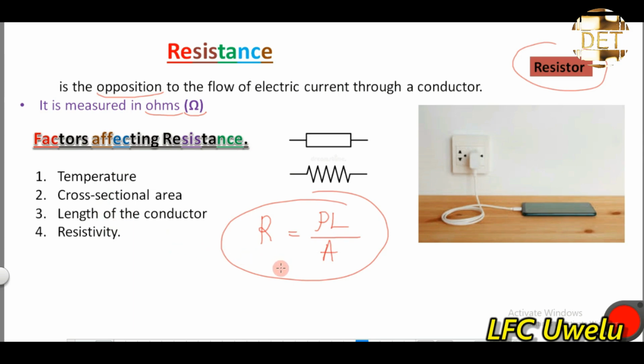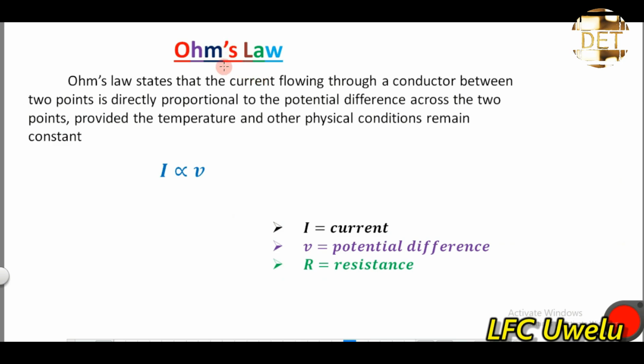Having known this, there is a law that guides the resistance of a conductor in an electric circuit, and that is Ohm's law, right? So Ohm's law states that the current flowing through a conductor between 2 points is directly proportional to the potential difference across the 2 points, provided the temperature and other physical conditions remain constant.